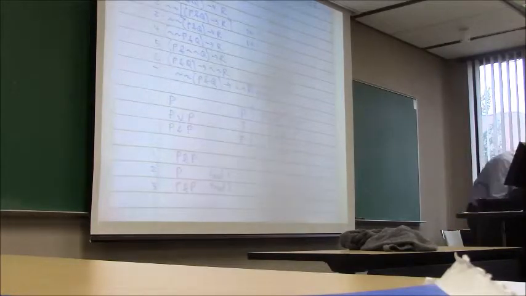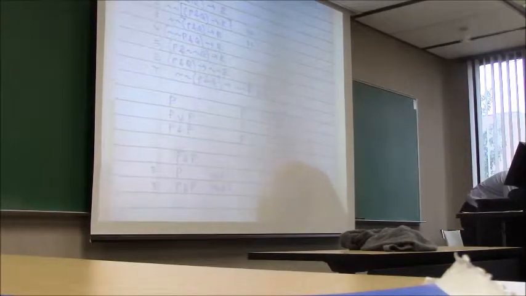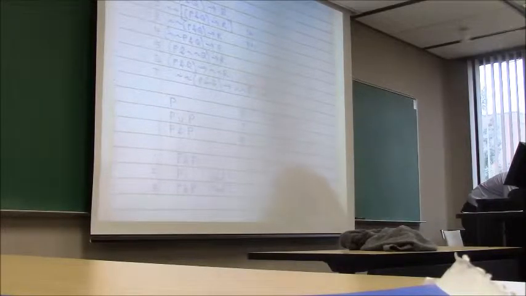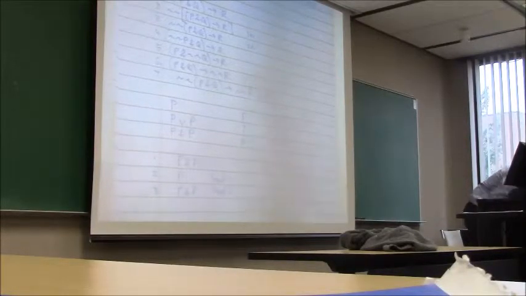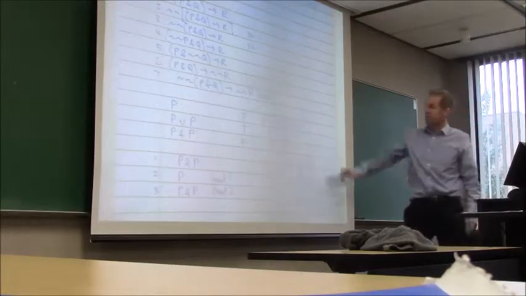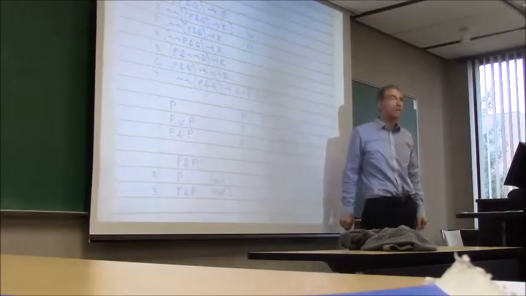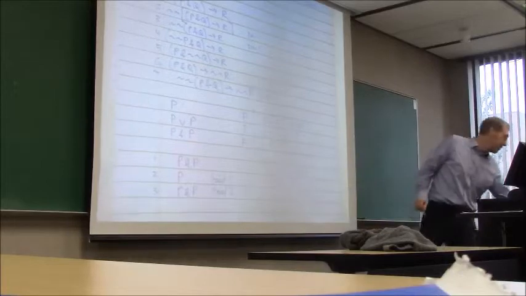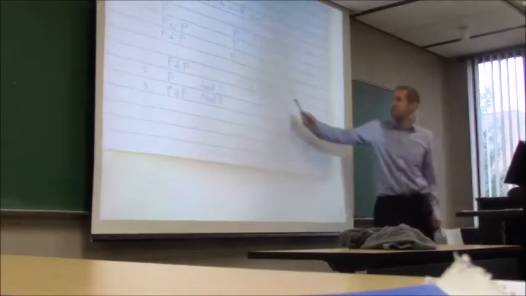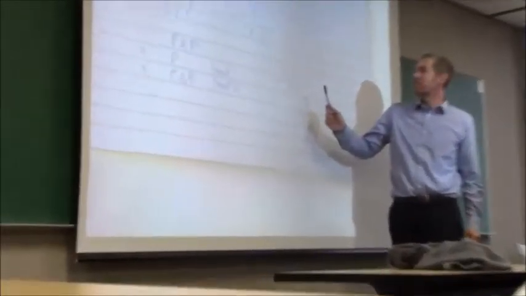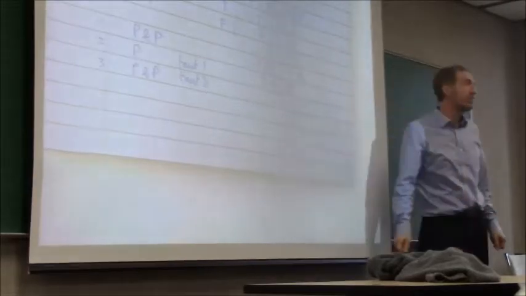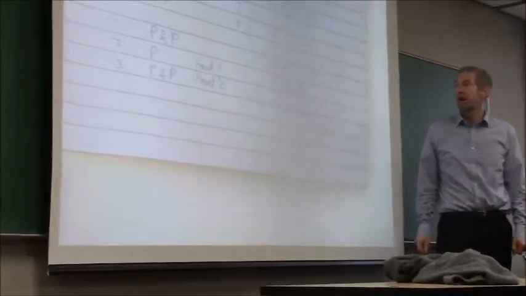And also, simplification wouldn't allow you to do this, whereas tautology would, because you can apply tautology just to this part of it, whereas you couldn't do simplification just to that part of it. Okay?